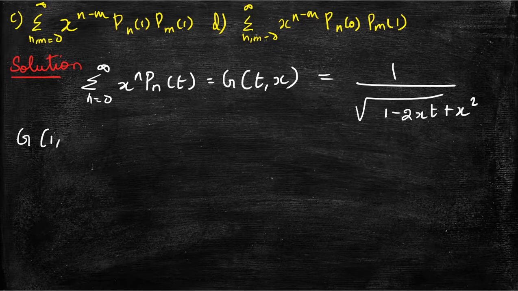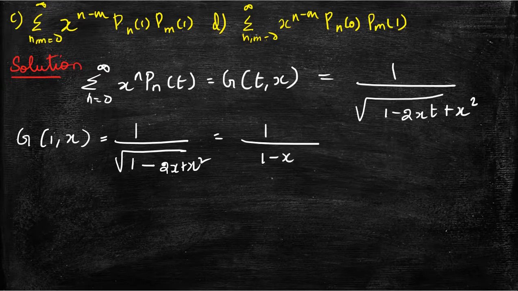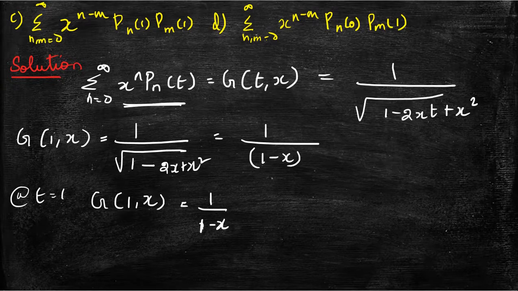Now I'll find g of 1 comma x, which is 1 by root over 1 minus 2x plus x square, which is 1 by root over 1 minus x the whole square, which gives you 1 minus x. So at t is equal to 1, g of 1 comma x will be 1 by 1 minus x. This g of t comma x is also equal to the summation of x bar n Pn of t.